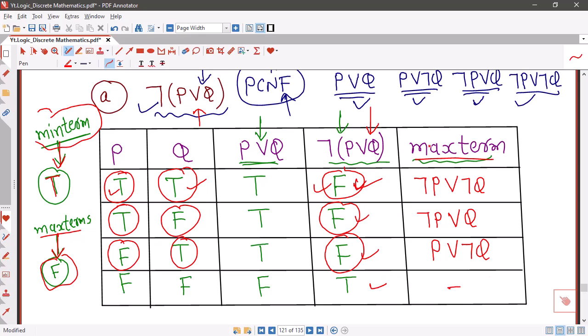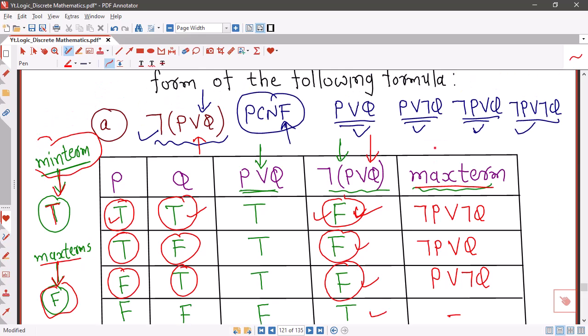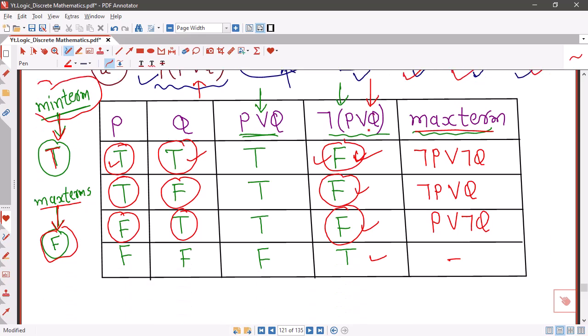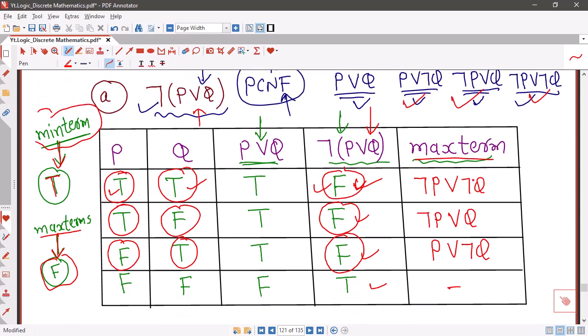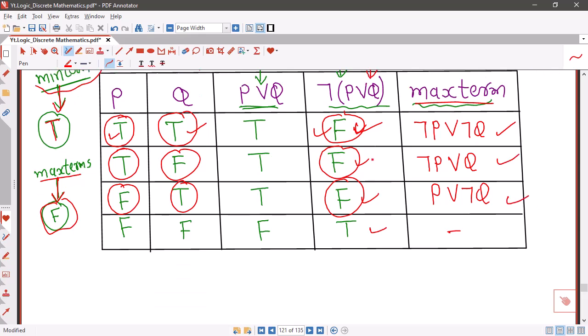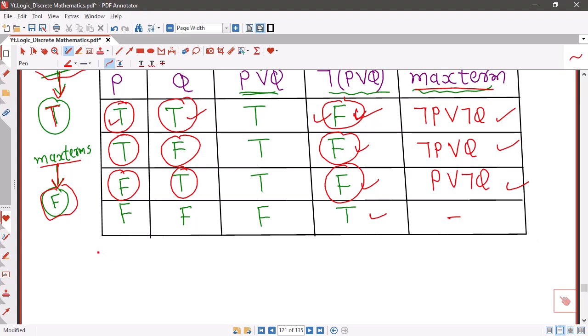So now we can observe that these three max terms are out of these four: negation P or negation Q, then negation P or Q, and P or negation Q, and all we have to write is conjunction of these three max terms, and we will obtain our principal conjunctive normal form.